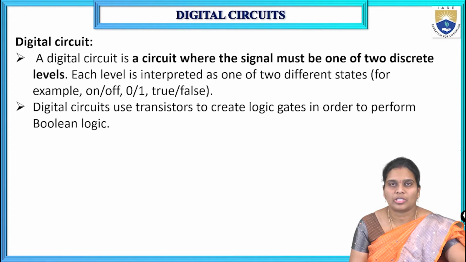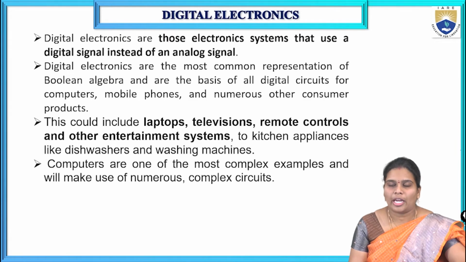Boolean logic functions. So these are digital circuits. Coming to digital electronics: if we take any signal, either a speech signal or some songs or whatever it is, that signal is an analog signal.